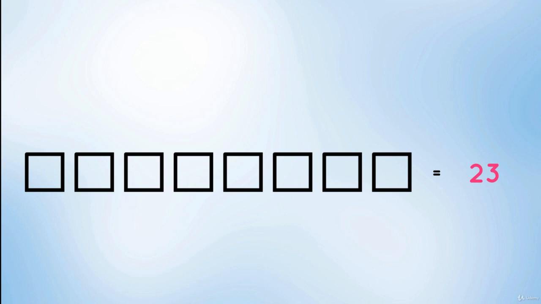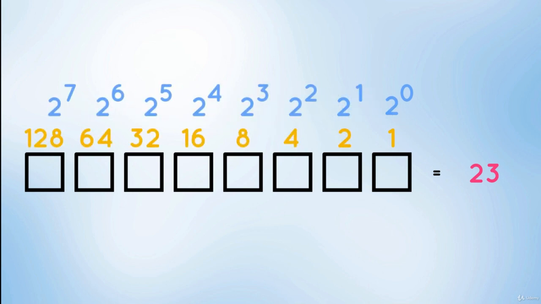As we're dealing with a base 2 numeral system, each box represents a power of 2. Each numerical place will correspond to an increasing power of 2. The first box, 2 to the power of 0, which simply equals 1, then 2 to the power of 1, which equals 2, all the way up until 2 to the power of 7, up until 128. We'll come back to this.